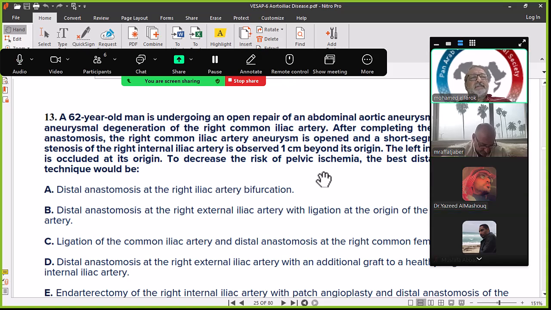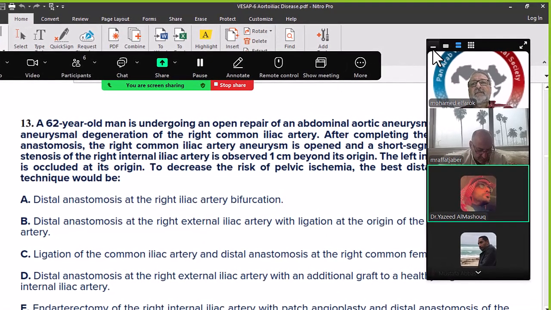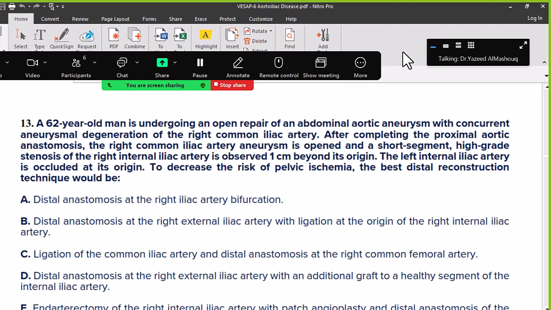A 62-year-old man is undergoing an open repair of abdominal aortic aneurysm with concurrent aneurysmal degeneration of the right common iliac artery.